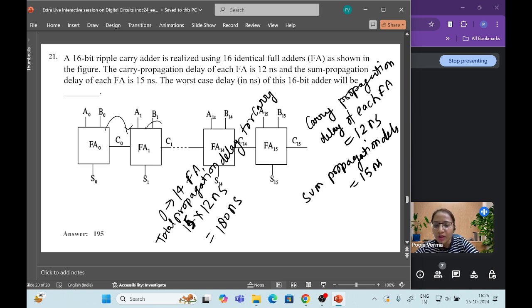But some propagation delay will not be propagated, some will be only 15 nanoseconds, right?